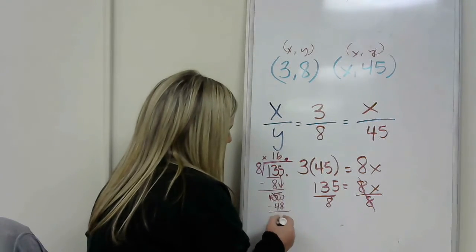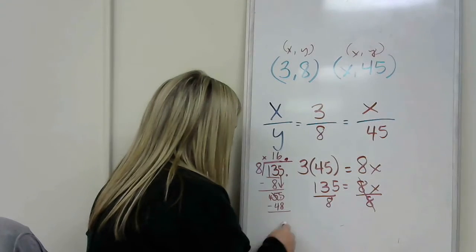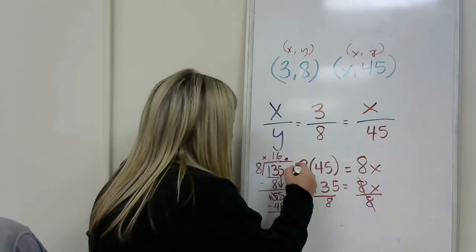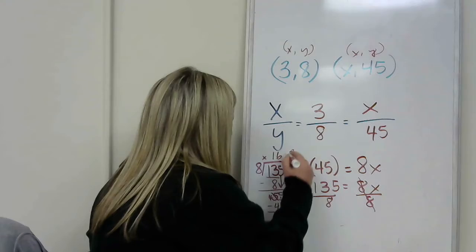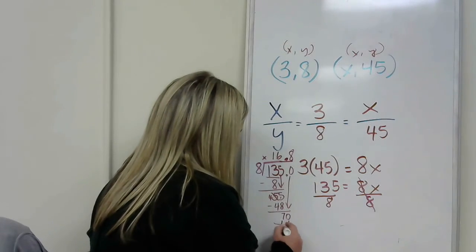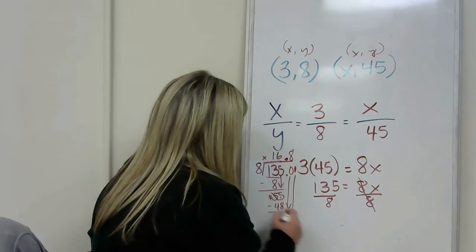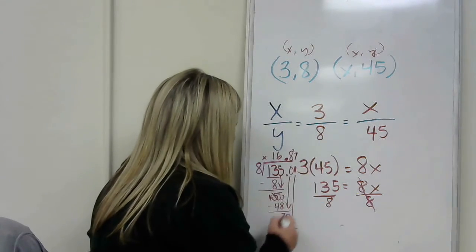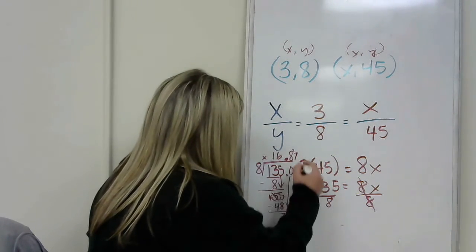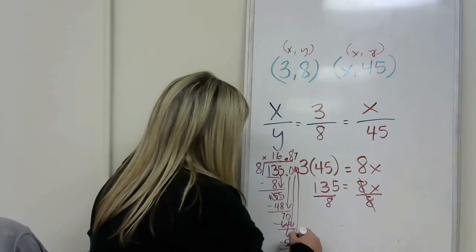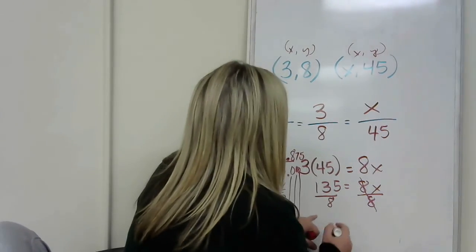All right. 15 minus 8 is 7. And a 0. And 8 will go into 70 8 times, which is 64. And I have 6 left. I'm running out of room again. 8 will go into 60 7 times, and that's 56. And then 40, which is 5.